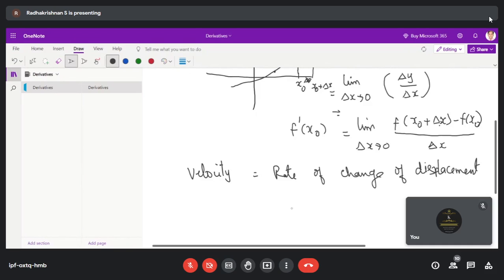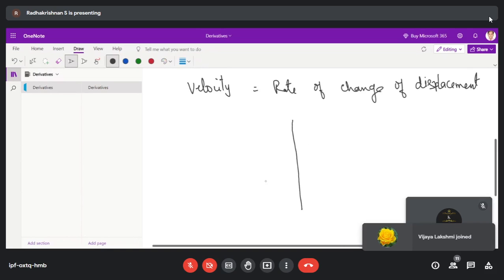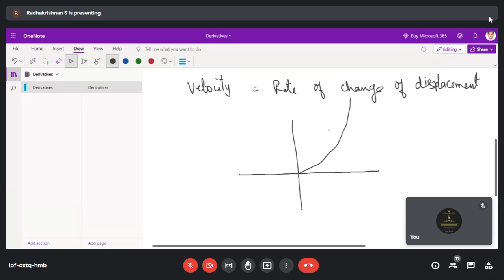Okay, but suppose the displacement is a curve. Okay, suppose the body is accelerating or decelerating. Okay, the displacement may be like a curve like this. Okay, so this is your displacement at any point in time. This is time versus displacement.